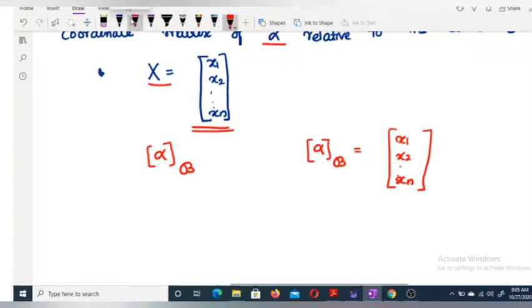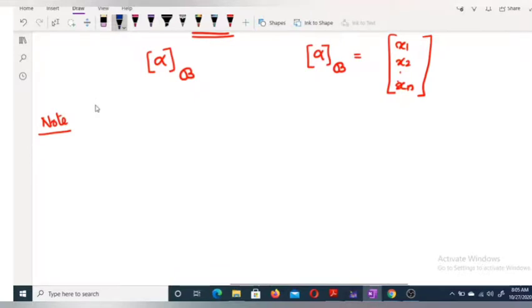Now there is a note. Suppose for each alpha you have a representation like this. That is, suppose alpha is equal to the sum from i equals 1 to n of xi alpha i, and beta you can write as the sum from i equals 1 to n of yi alpha i. Now, alpha plus beta: what is alpha plus beta?